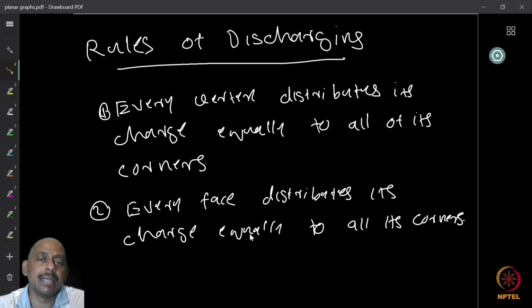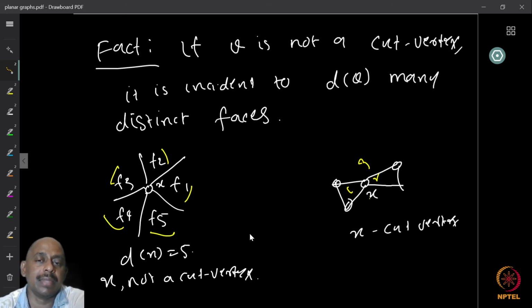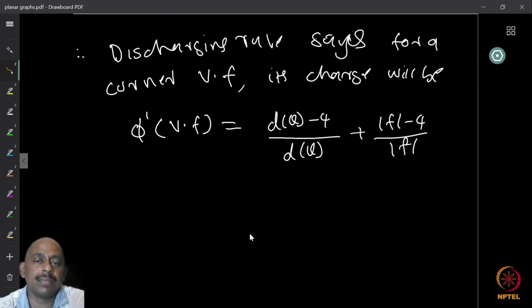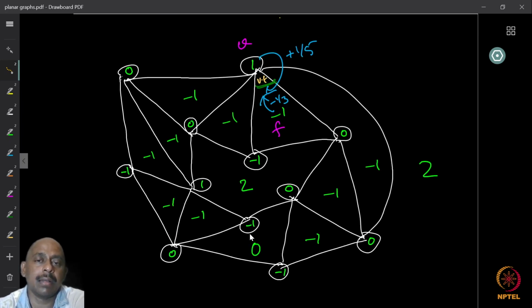But we basically define some rules of discharging, that is, moving around the charges. And after moving around the charges, we did the sum again. But what we know is that if you move around the charges, the total charge cannot be different. So after moving around, what we want to say is that if certain structural properties are not there, like the one that we saw, we establish that the sum will always be different. So because the sum cannot be different, the property must be there.